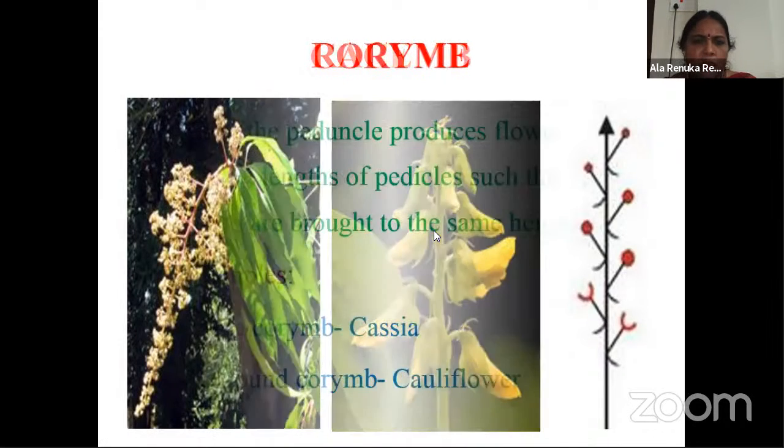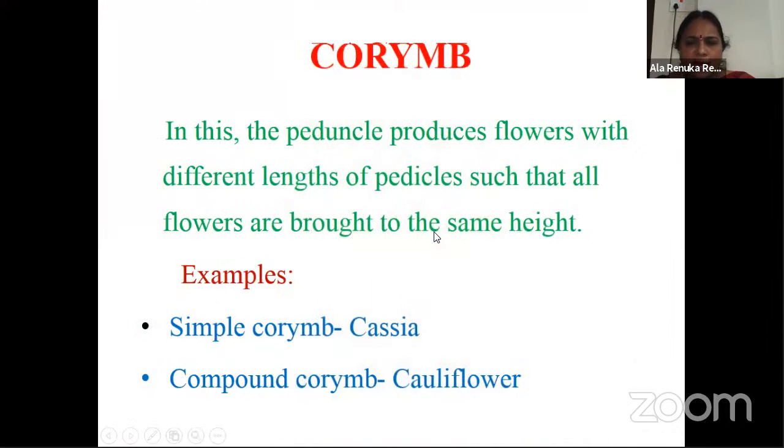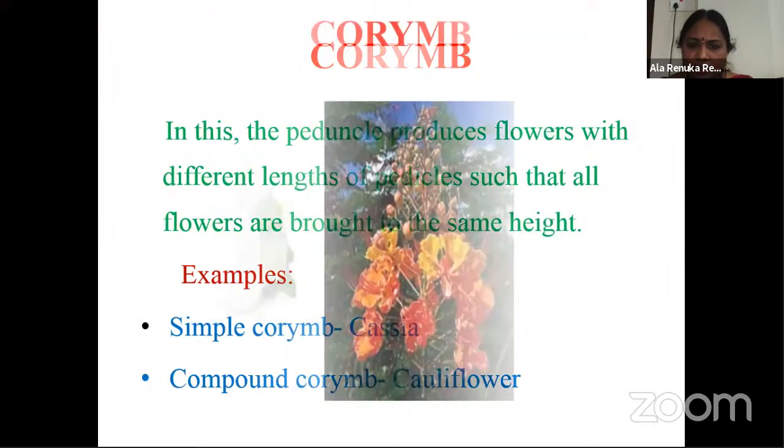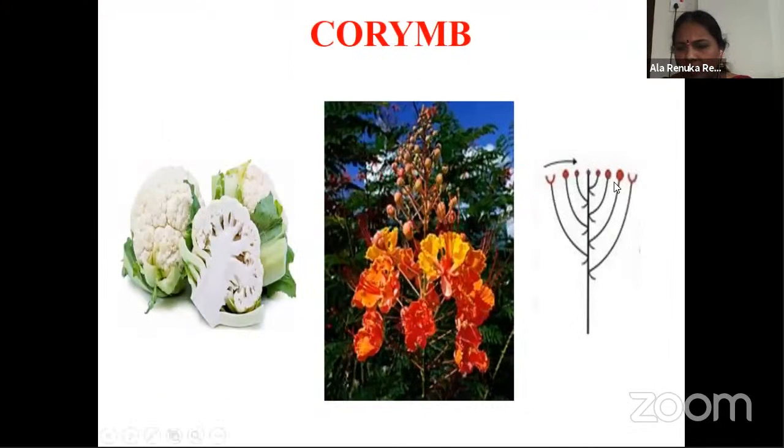Okay, now corymb. In this, the flowers are produced with different lengths of pedicels. Older flowers which are towards the base will have longer pedicels, and younger flowers which are produced later will have shorter pedicels, so that all flowers get arranged at the same height.